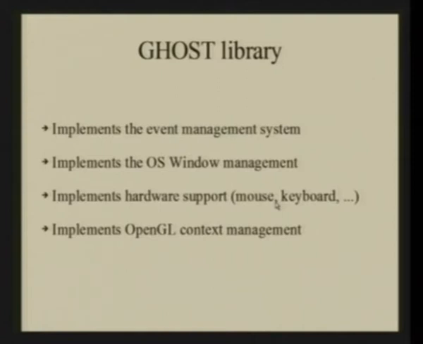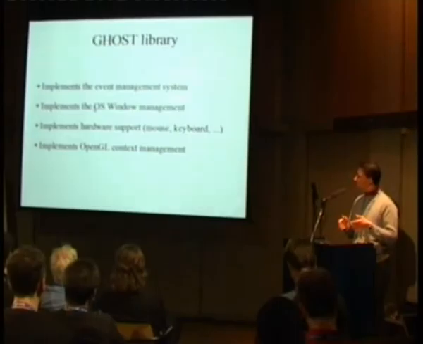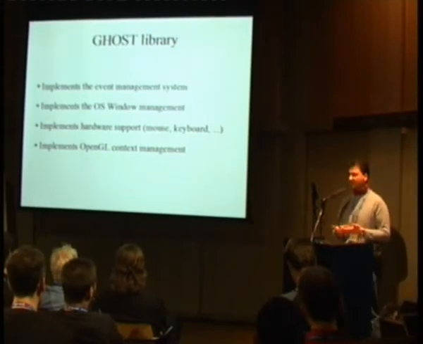It is really the key point where all the hardware stuff is implemented. Here you have all the event management system. That means if you want to implement new metaphors, for example, for us to use the stylus only and the buttons, you can make it here. Also, in the Ghost library, you have all the window management system where the OS windows are defined.